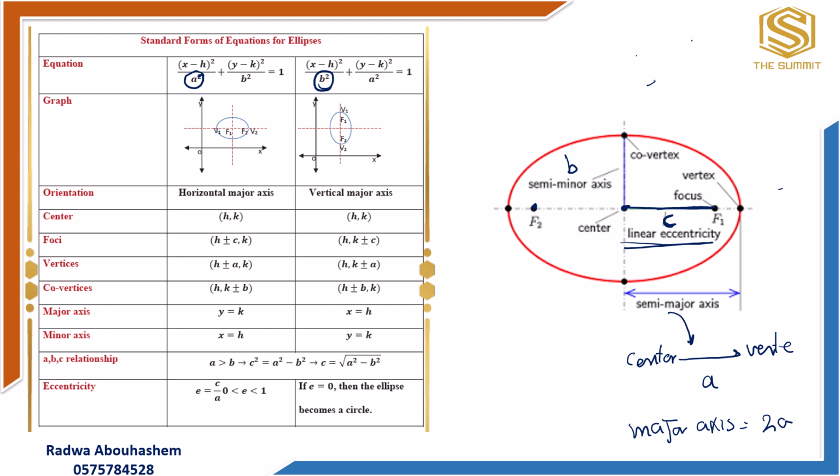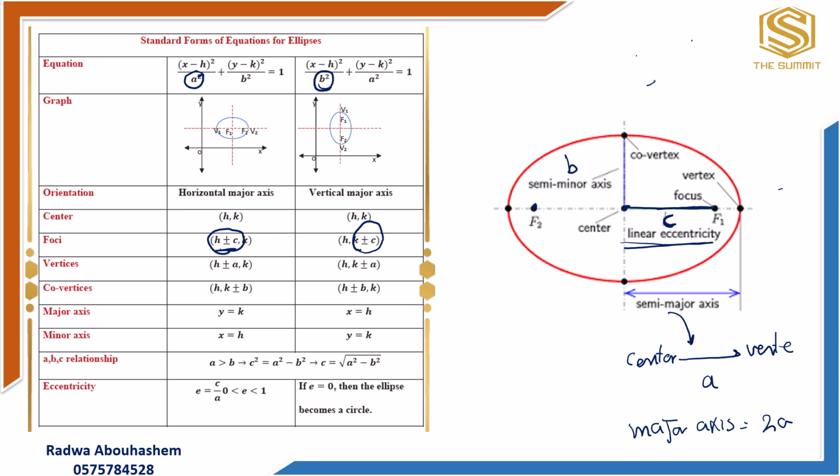Now the foci, if it's horizontal, this means that you add or subtract c to the h. And if it's vertical, this means that you add or subtract c from the k. It's the same with the parabola, but we were doing this for the p, not the c.